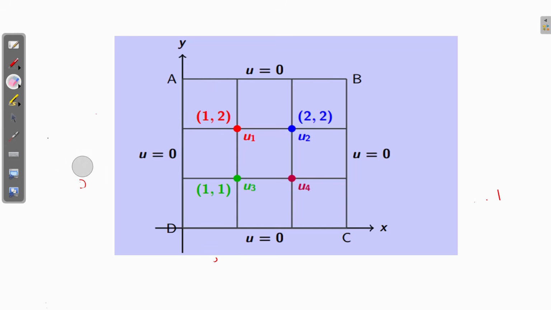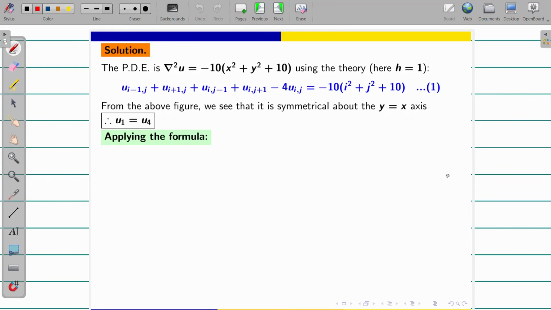I already explained the concept, even though I will repeat it again. Just listen very carefully. It is the y equal to x axis. If you join the plate positions A and C, U1 and U4 will be the same. U1 is equivalent to U4. This is what they have explained about the y equal to x axis.